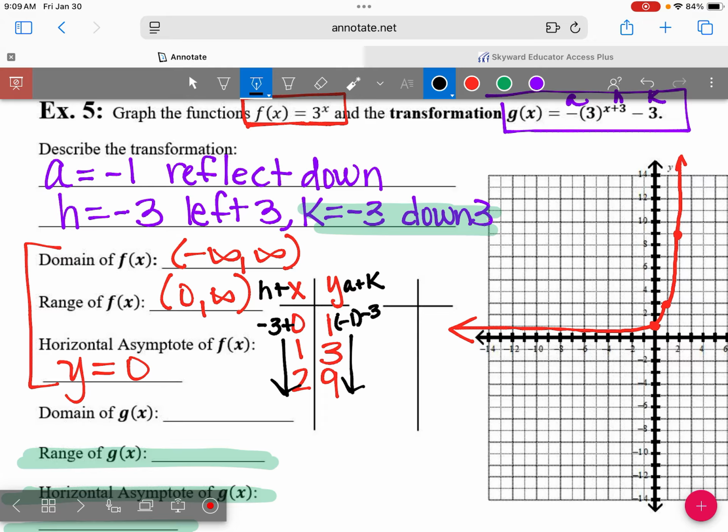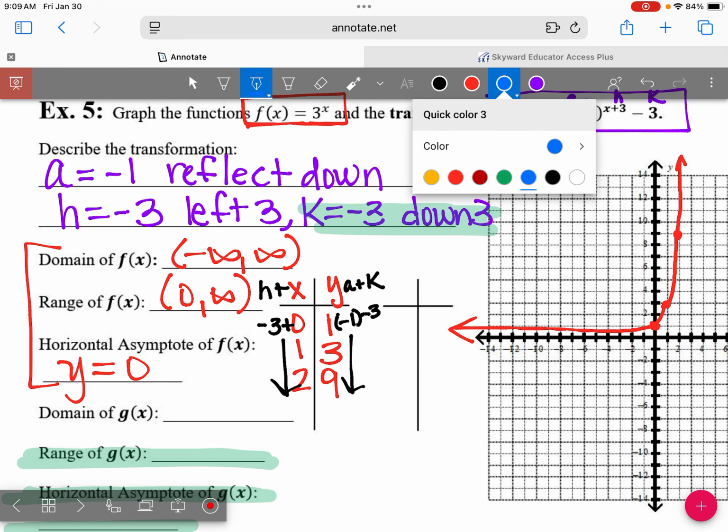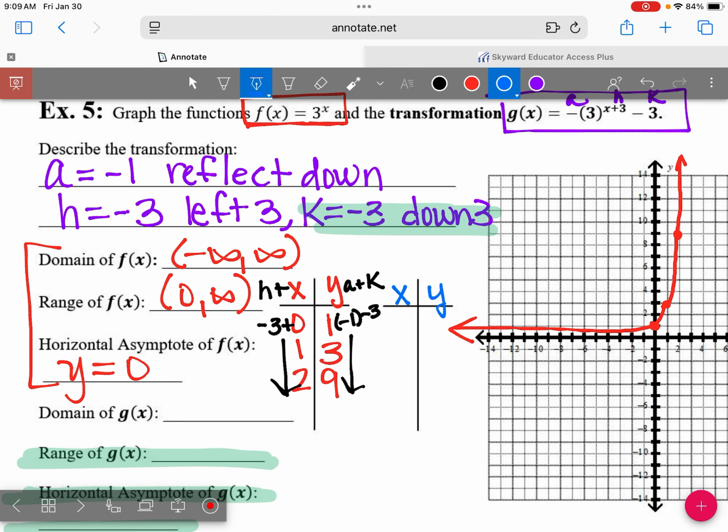So take a couple minutes and find your new x and y values. Go ahead and make a little line. So for your x values, you're adding -3. For your y values, you are multiplying them by -1 and then subtracting 3.